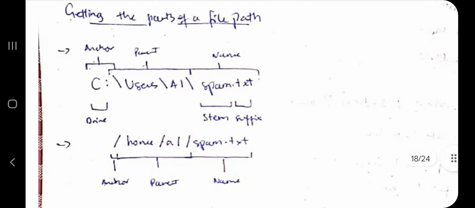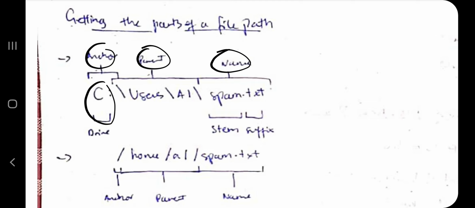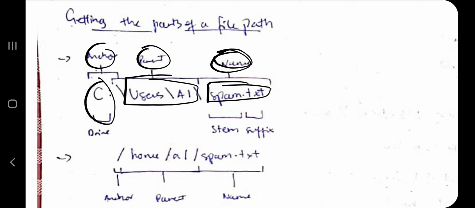So, let us see what the path is composed of. It is composed of anchor, parent, and name. So, this is the main directory C. Inside that, these are the parent directories, and this is the file which you are working on. It has the name, and this is the stem, and this is the suffix.